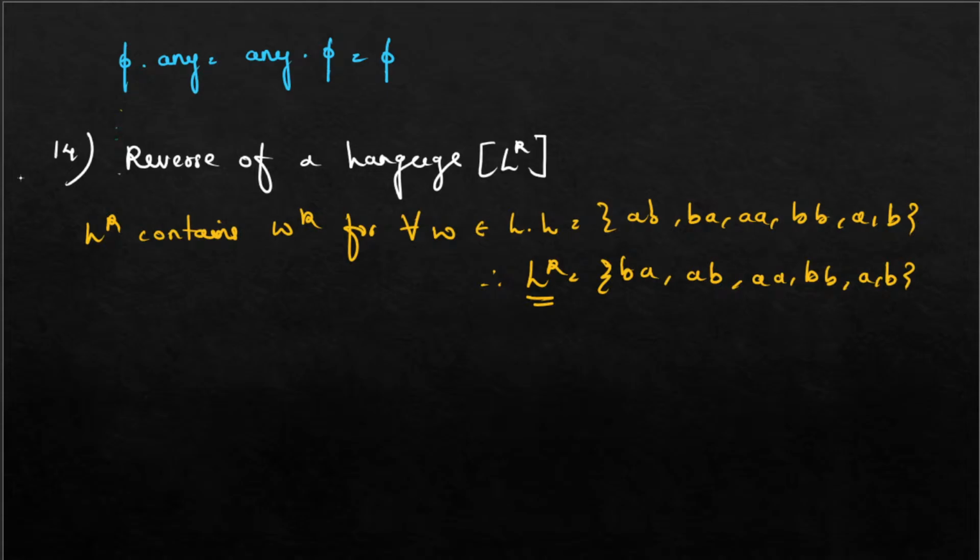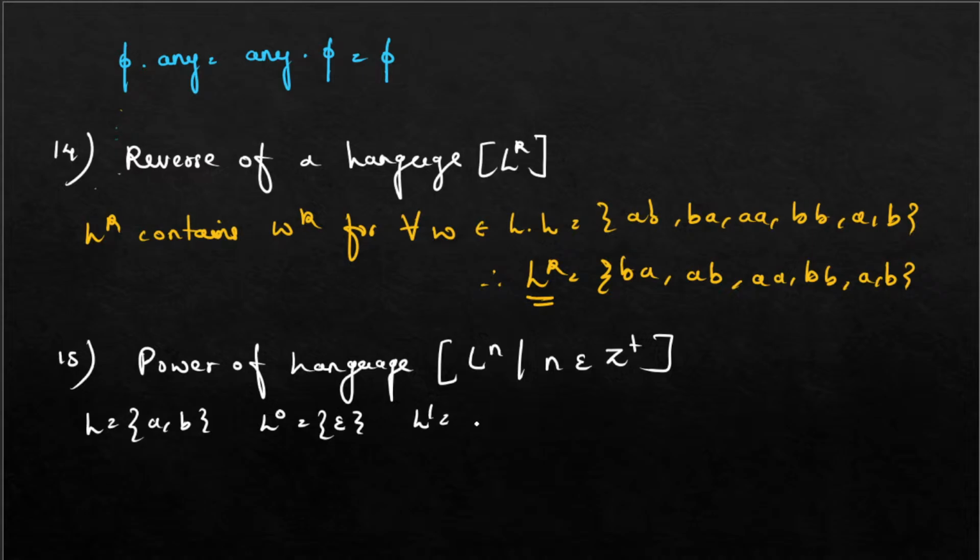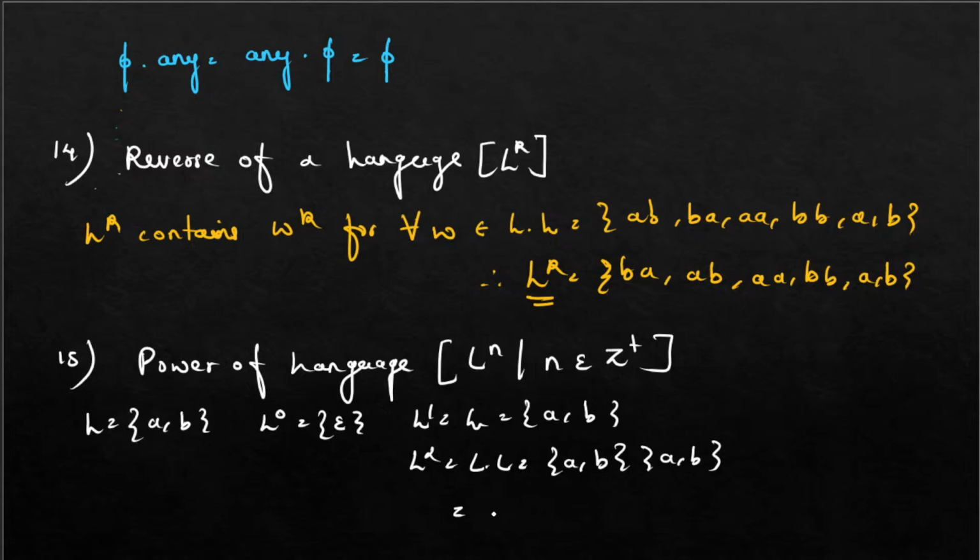Okay, now let's understand the 15th point, which is power of language. Power of language, which is L^n, where n belongs to Z plus. Okay, so if L is {a, b}, then L^0 is epsilon, L^1 is L, which is {a, b}, L^2 is L dot L, which is {a, b} and {a, b}, so the concatenation of this is AA, AB, BA, BB, like this.